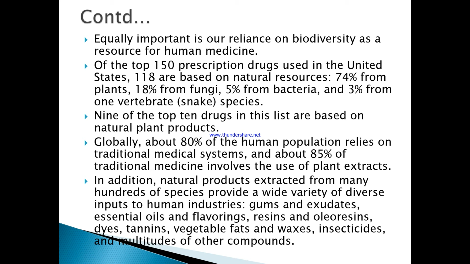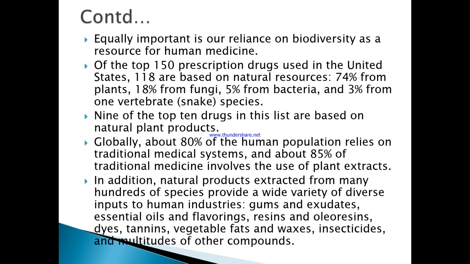Globally, about 80% of the human population relies on traditional medical systems, and about 85% of the traditional medicine involves the use of plant extracts. In addition, natural products extracted from many hundreds of species provide a wide variety of diverse inputs to human industries.